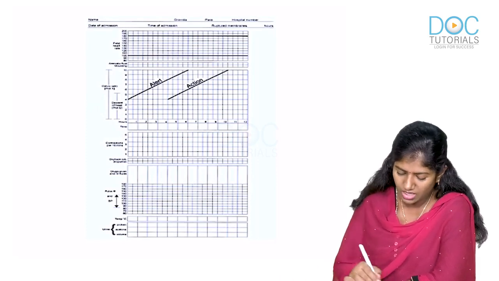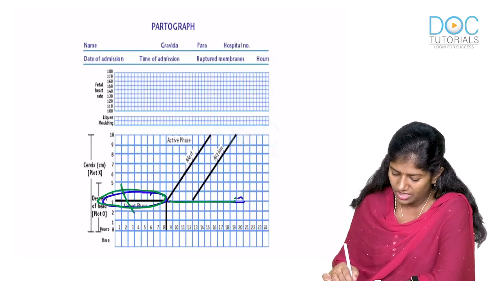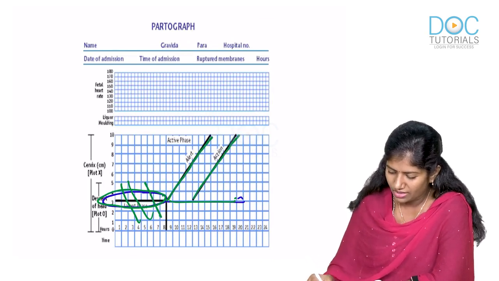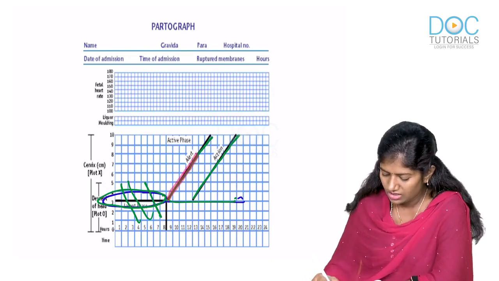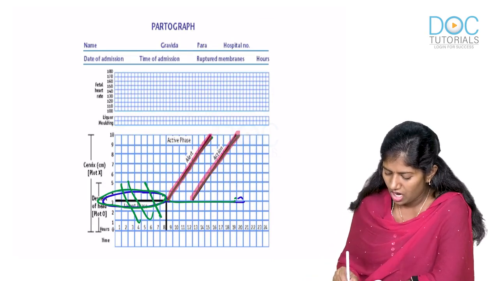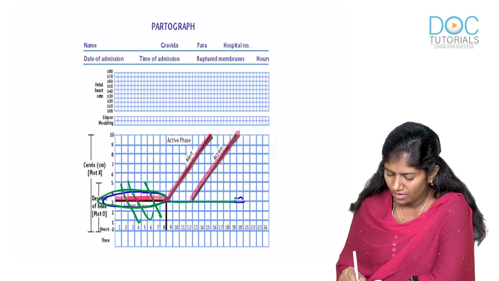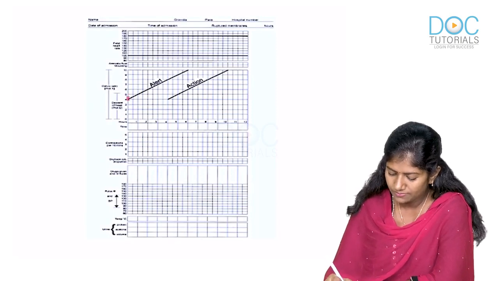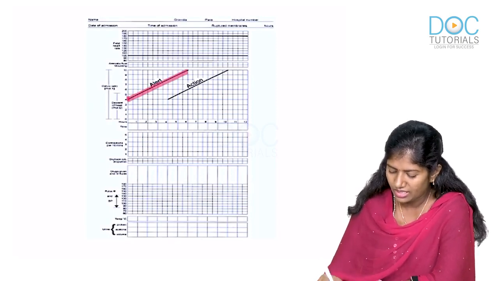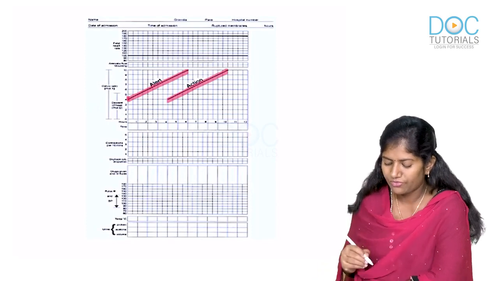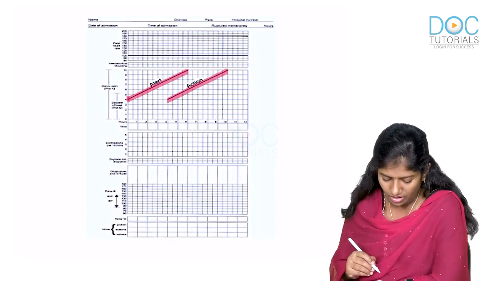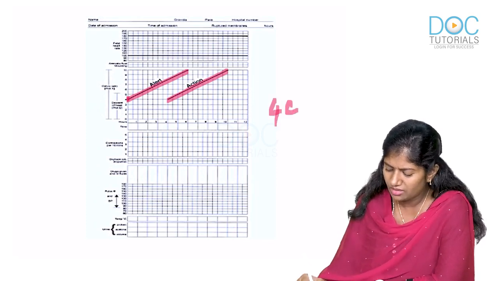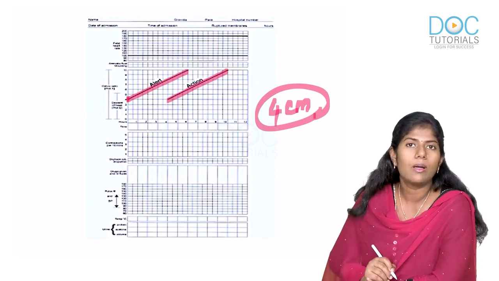So this part has been cut, and the alert line and the action line are moved to the y-axis. This is the alert line and this is the action line. Now remember, in the partogram the alert line begins at 4 centimeter and that is when you have to start plotting the partogram.